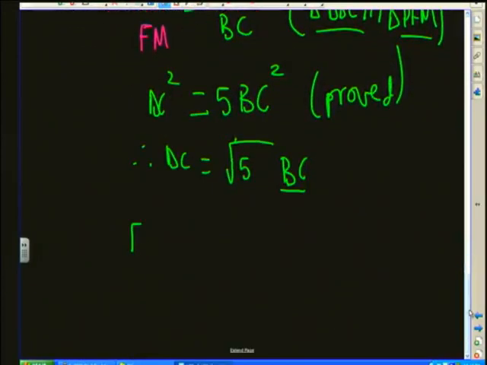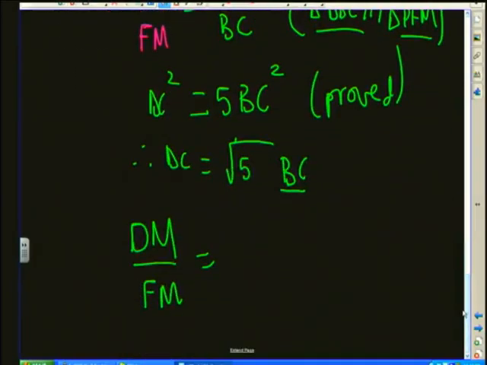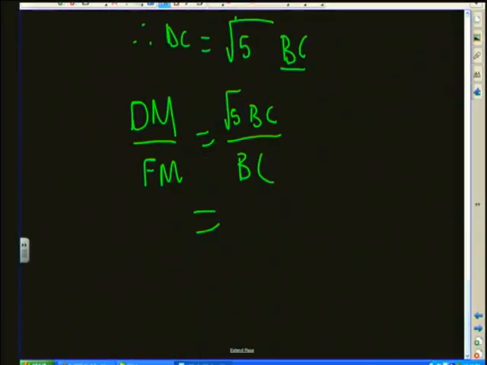We've got DM over FM, which we said is equal to DC, which we can now replace with root 5 BC, all over BC. You can see what's going to happen here: BC is exactly the same thing, so they cancel out, and the ratio DM over FM is just equal to the square root of 5.